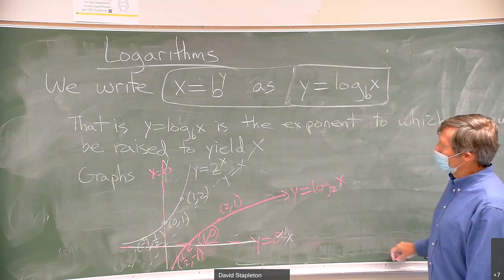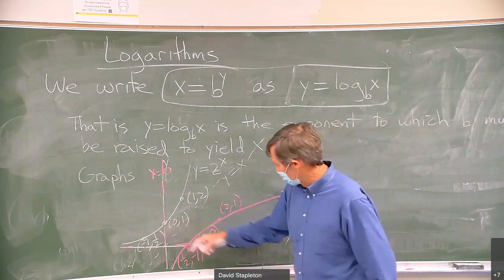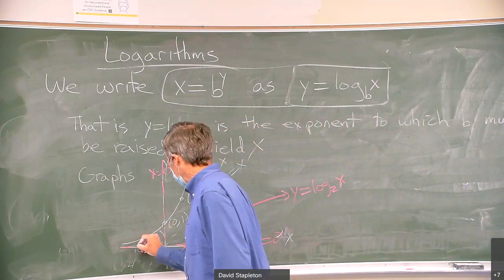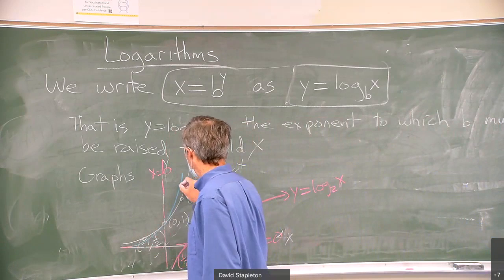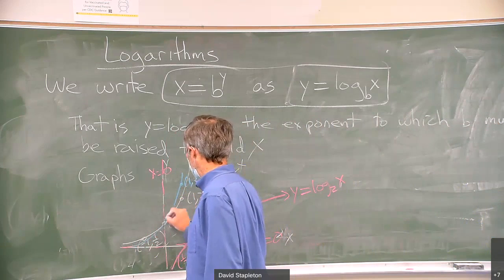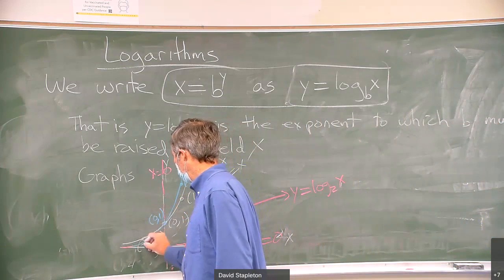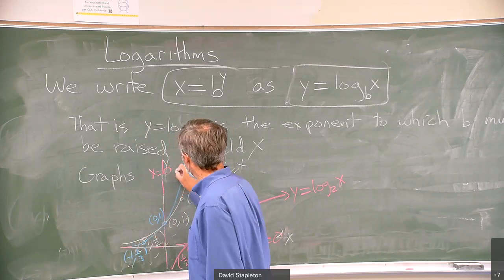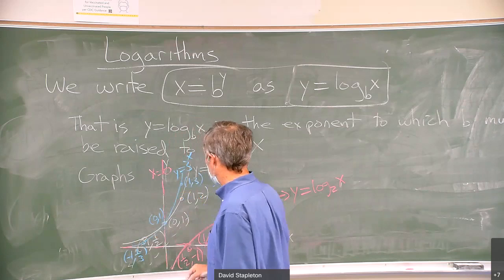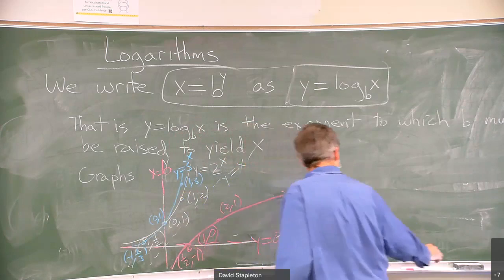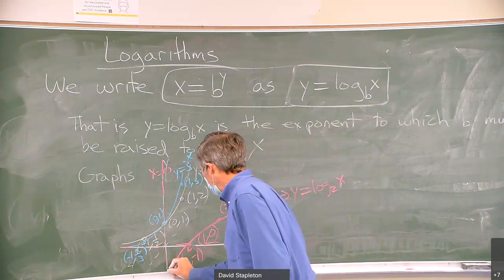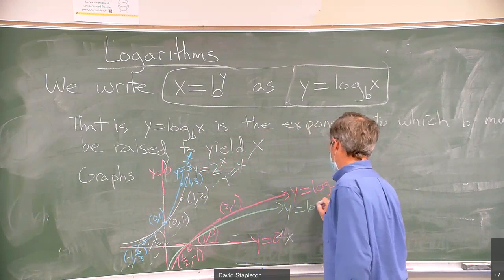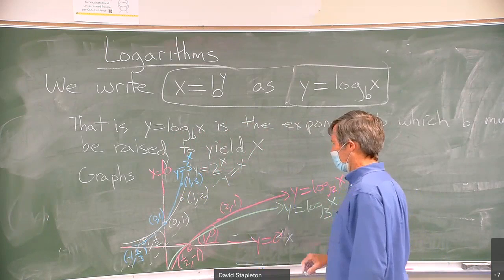And same thing with the other logarithms. Y equals 3 to the x is a little steeper. Maybe I can draw that. It goes through these important points: (1, 3), (0, 1), (-1, 1/3). Y equals 3 to the x. And if I flip that one, then it will look like this: y equals log base 3 of x.